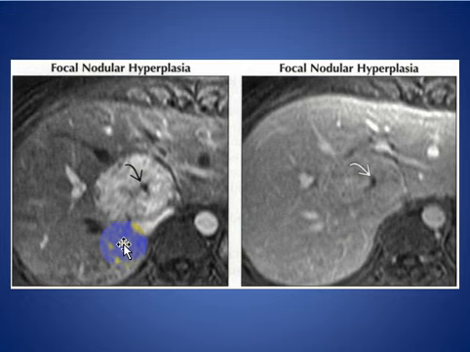Fat suppression T1 images show bright enhancement in the arterial phase with central scar, and on the portovenous phase it is isointense to the liver with central scar.